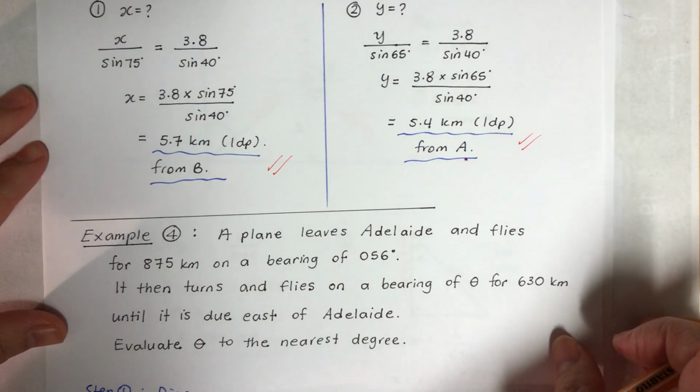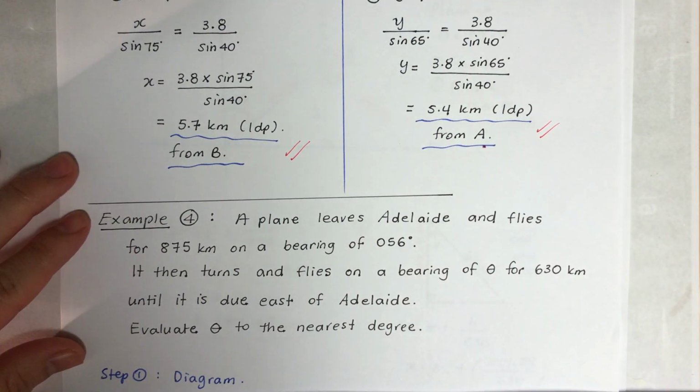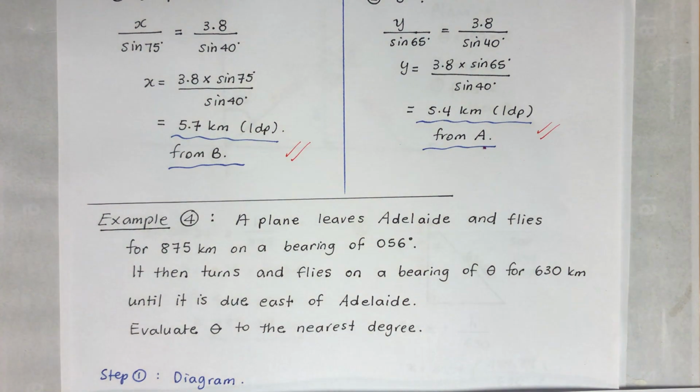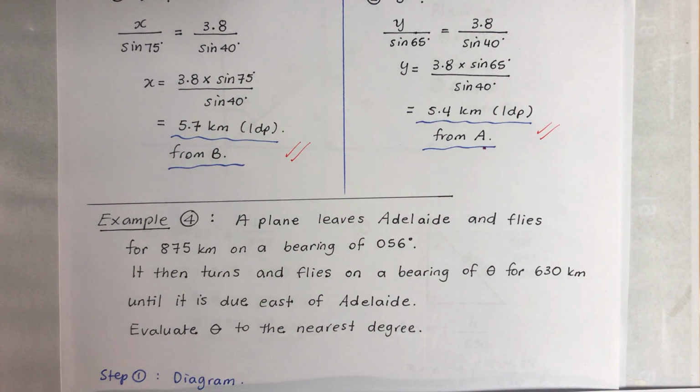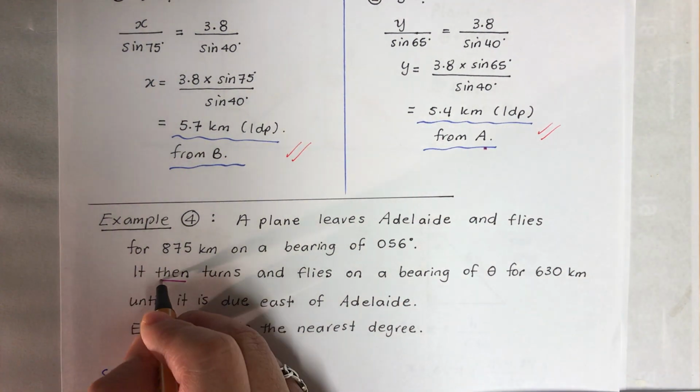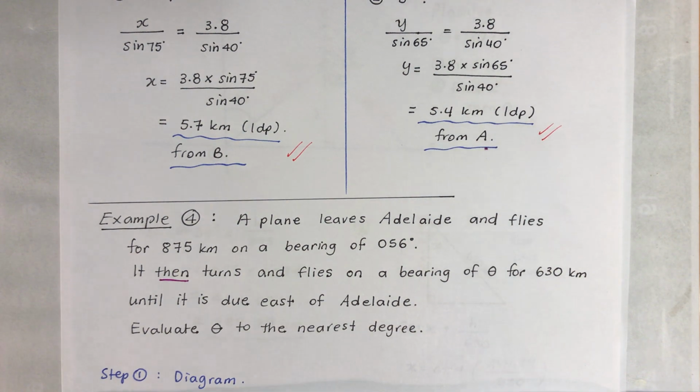So example 4. A plane leaves Adelaide and flies for 875 kilometers on a bearing of 56 degrees. It then turns, so that's just indicating a second bearing there.